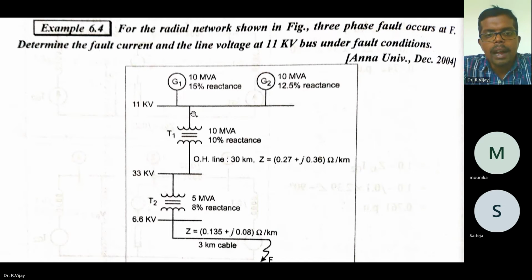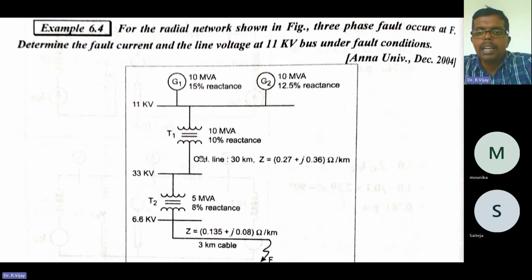Next, that 11 kilovolt bus is connected to a transformer T1 having the base MVA as 10 MVA and 10% reactance. Next, that transformer is also connected to an overhead line.